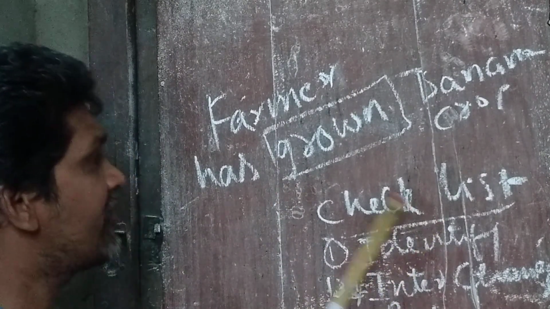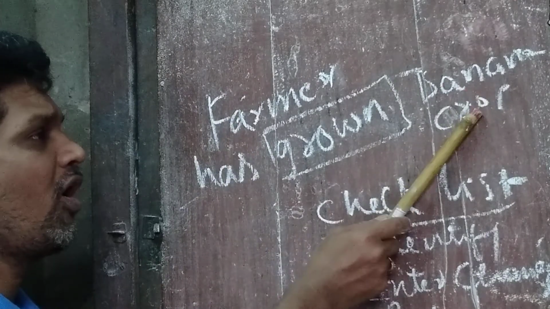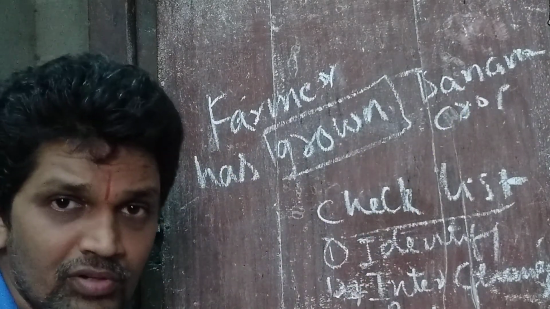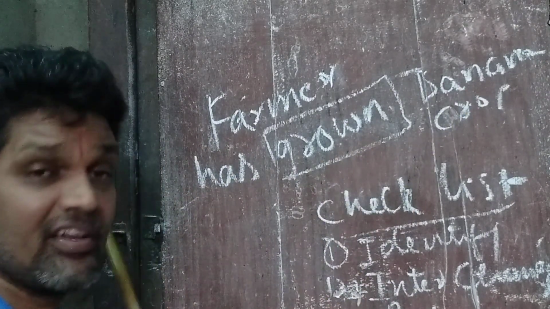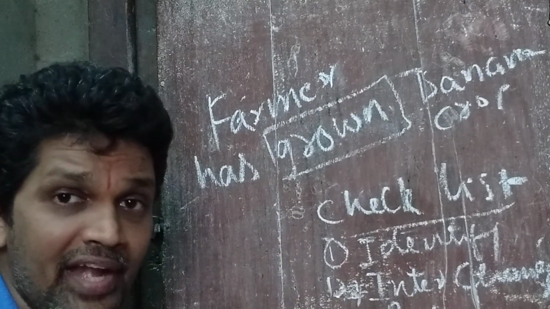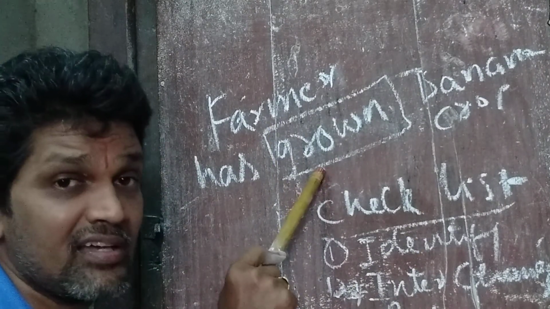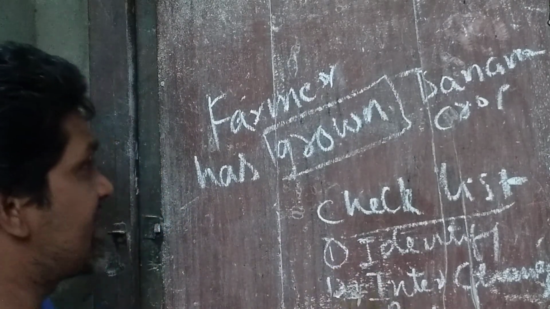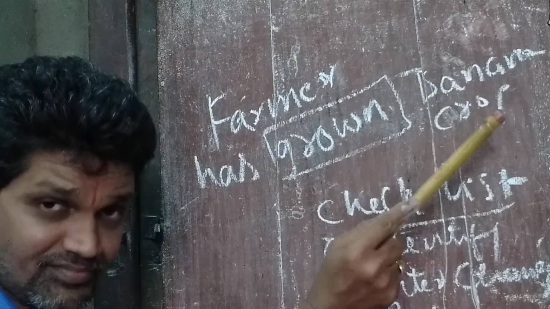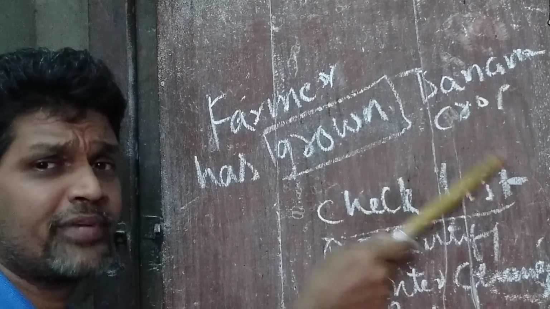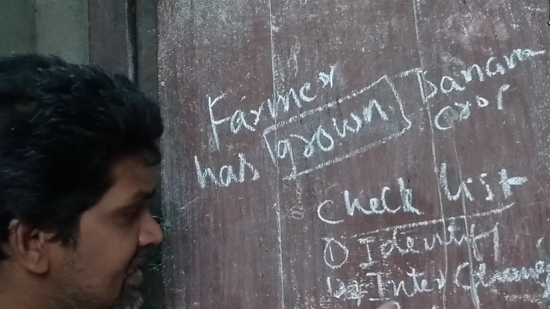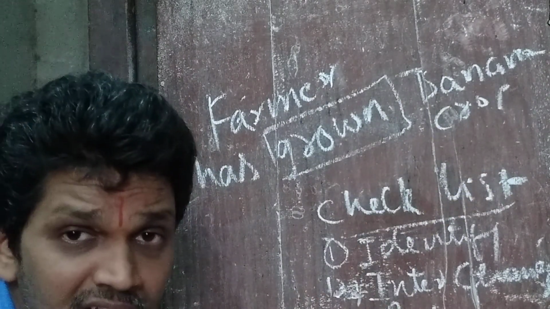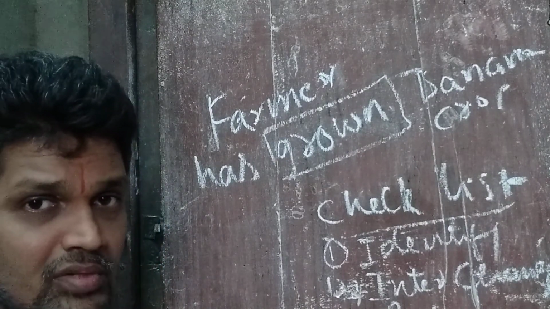First one, identify the subject, object and the verb. While identifying the verb, you should also identify in which tense the verb is given. That is the first step. Next one, interchanging. Subject will come to the object place and the object will go to the subject place. And third one, applying the rule.